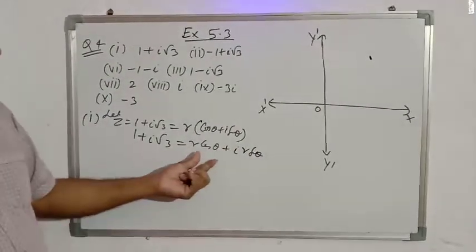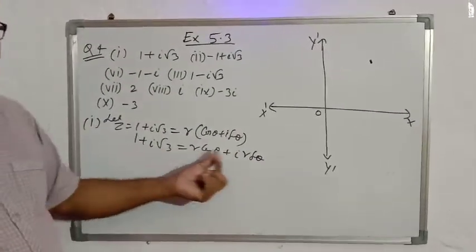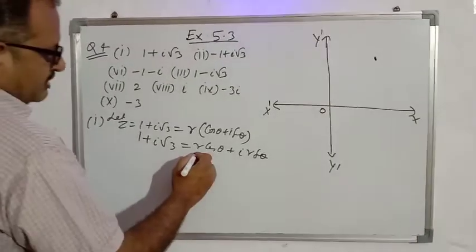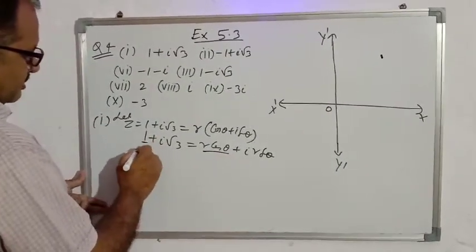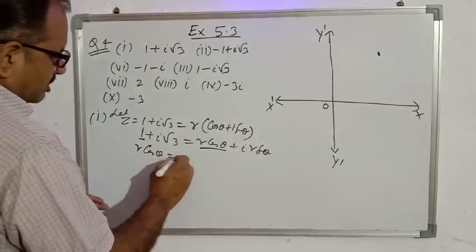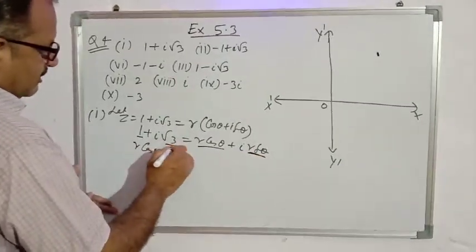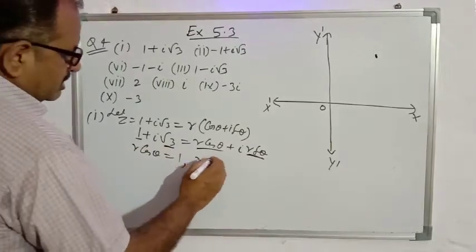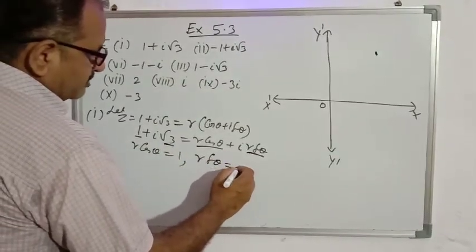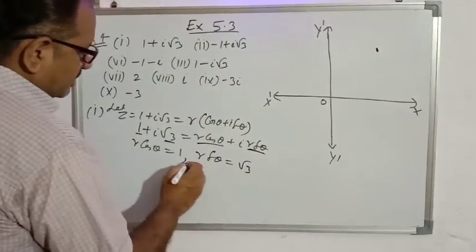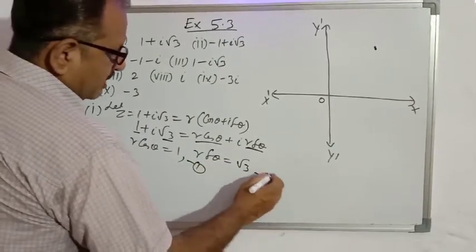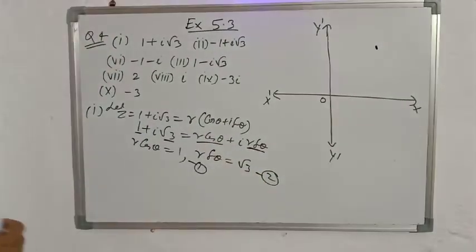Equating the real and imaginary parts. The real part is r cos theta, here 1. So we can write r cos theta is equal to 1. The imaginary part r sin theta, here the imaginary part is root 3. So r sin theta is equal to root 3. Suppose these are equation number 1 and equation number 2.